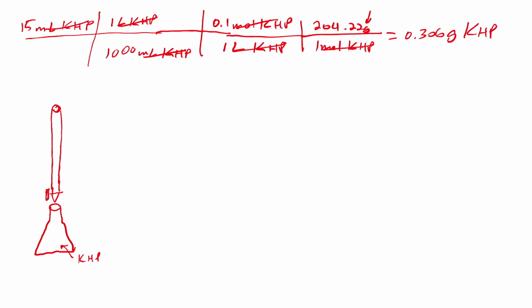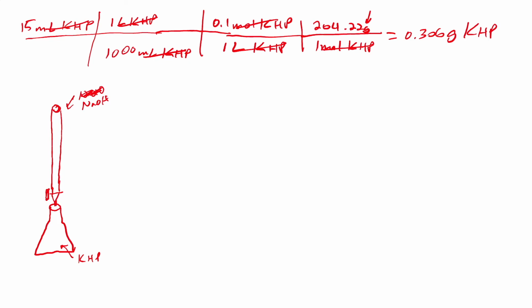And up here will be your sodium hydroxide solution. The first thing I recommend is filling up the sodium hydroxide all the way to the top. Last time we got in trouble because we had bubbles, all of us did, myself included, bubbles in the tip of the burette.